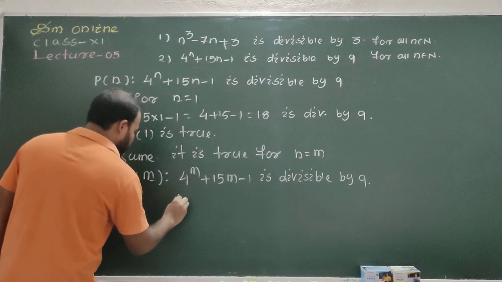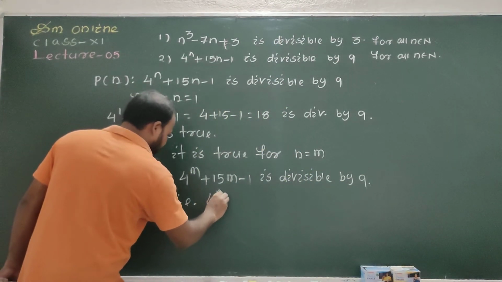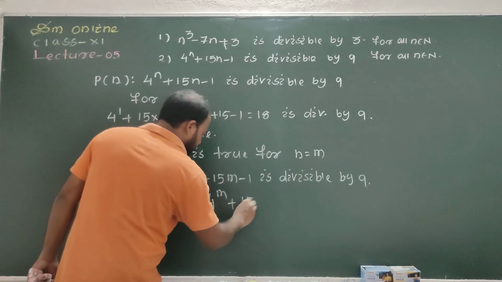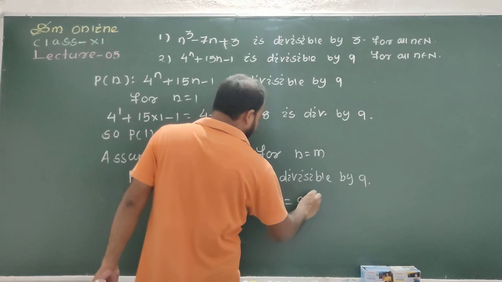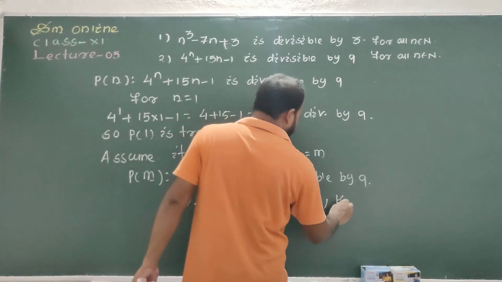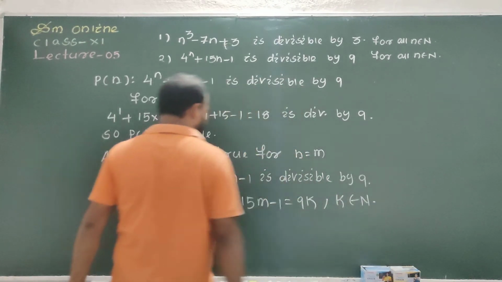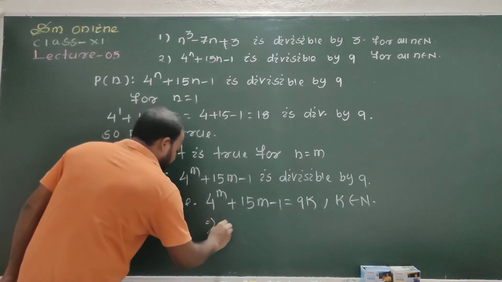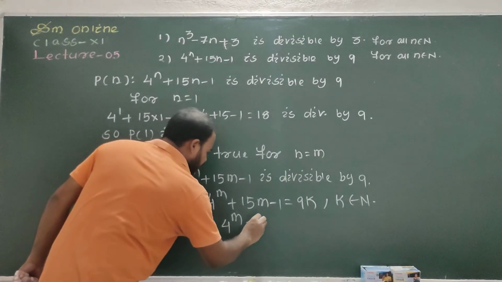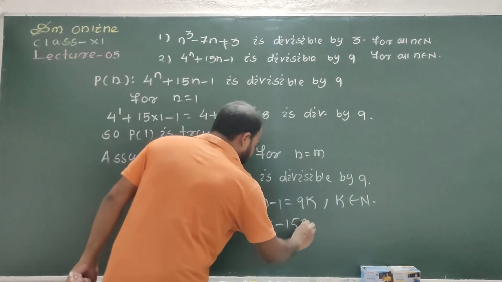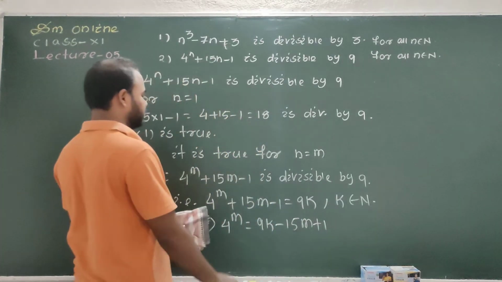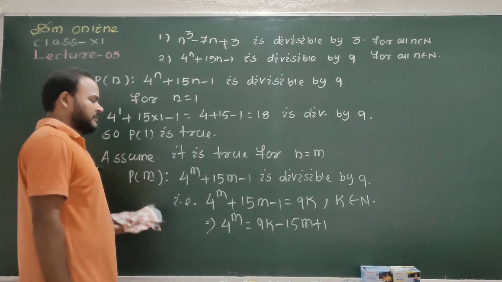That is, 4 to the power m plus 15m minus 1 equals 9k, where k belongs to the natural numbers. And we get 4 to the power m equal to 9k minus 15m plus 1.